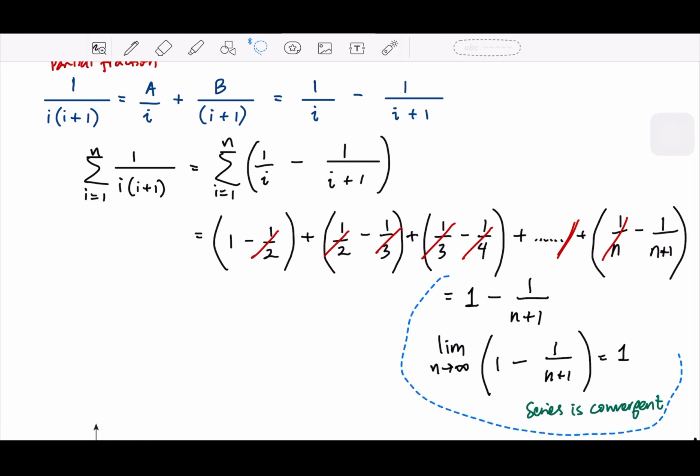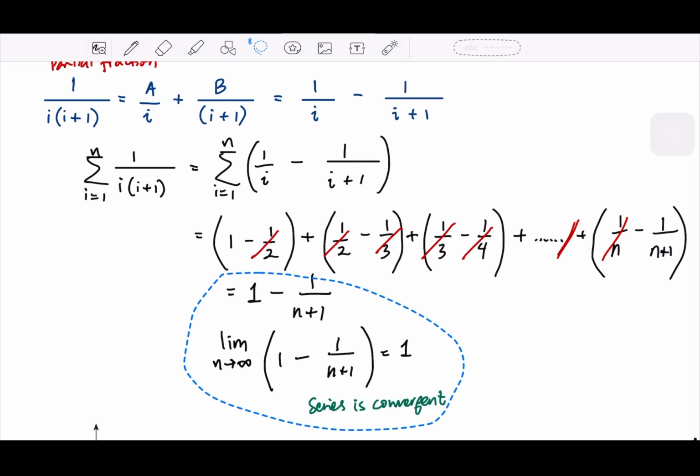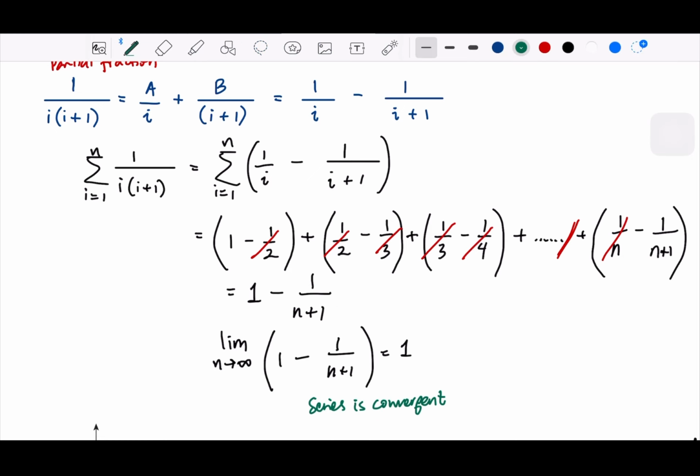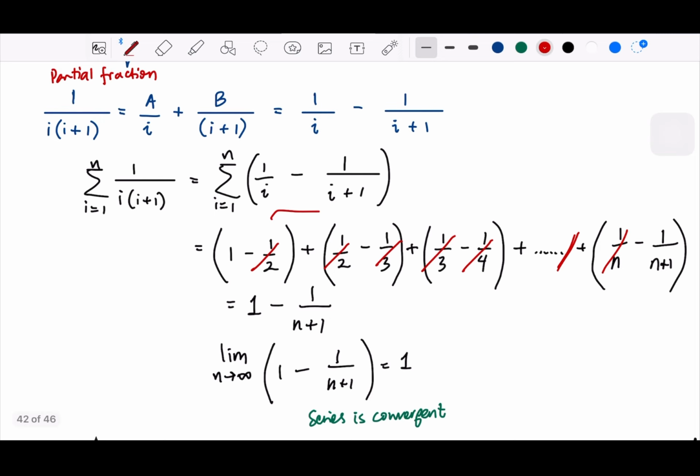Let me write a little bit in the middle here. Okay. So what we have here, this pattern, is what we call the telescoping sum. Sometimes this method is really good to show the pattern of the series.